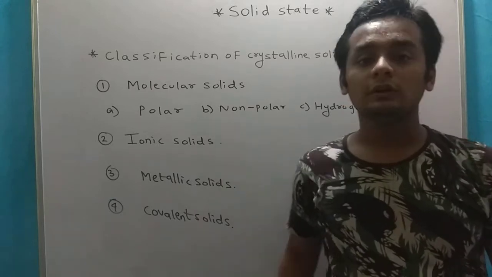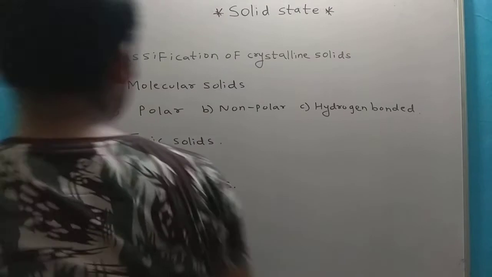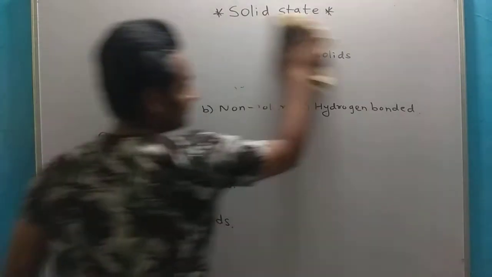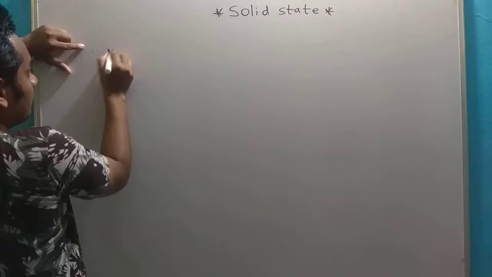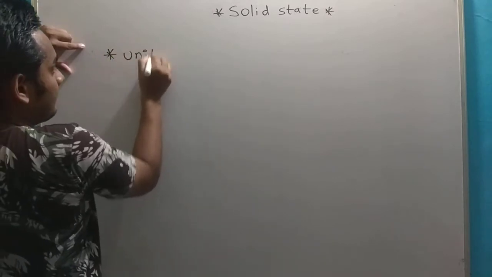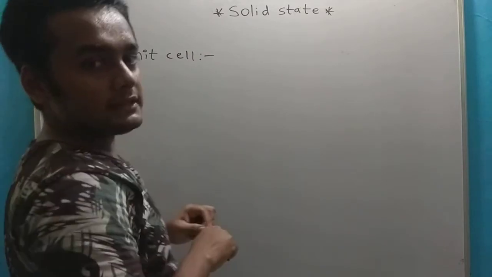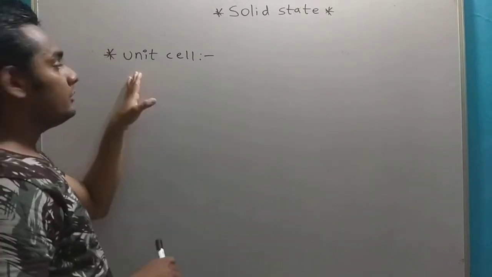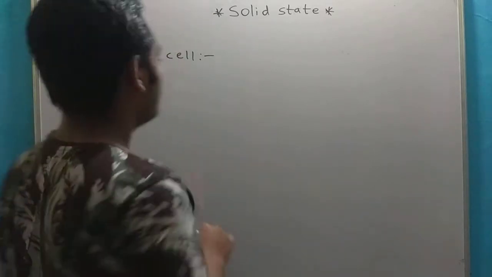Now we jump on to the main part of this chapter, which is nothing but the unit cell. Now what is a unit cell? Unit means one and cell means a cube or a box. What is a unit cell?